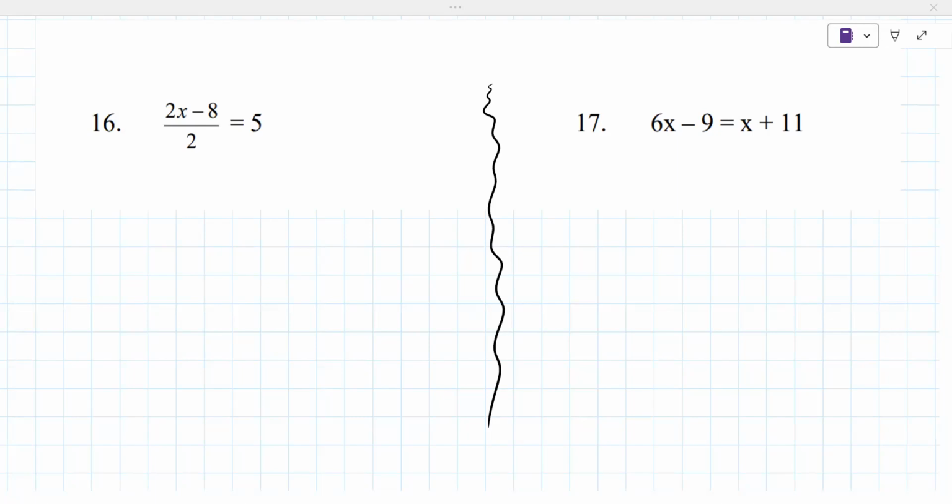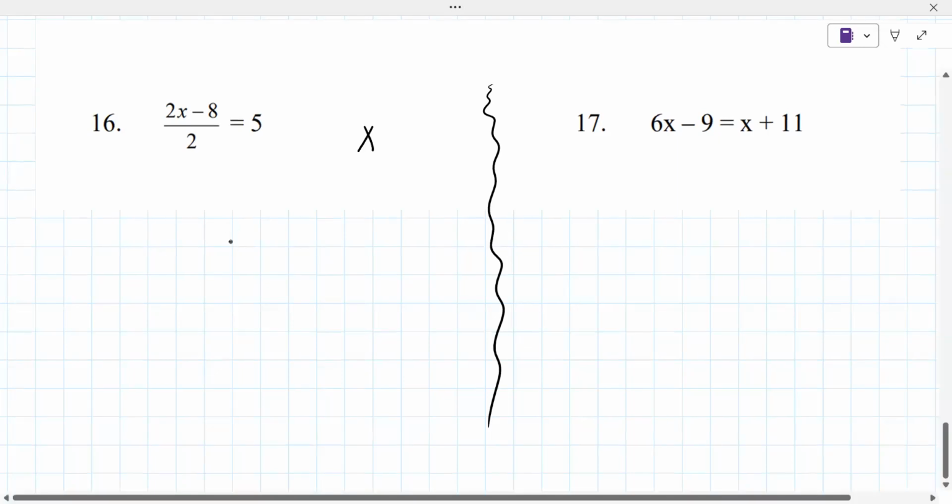Does x equal 6? Sorry, the first one you said x equals 6. Okay, go on to the next one, please.